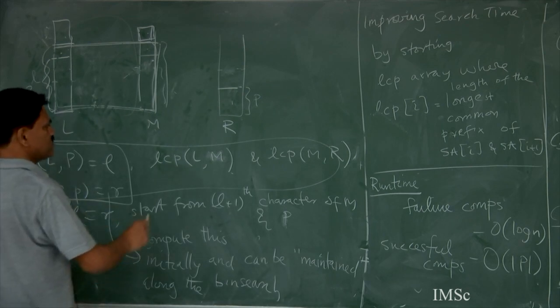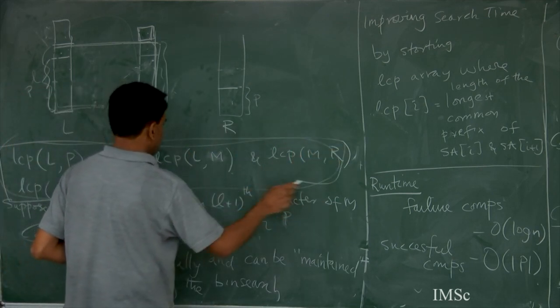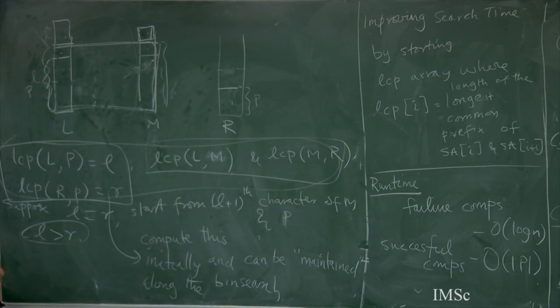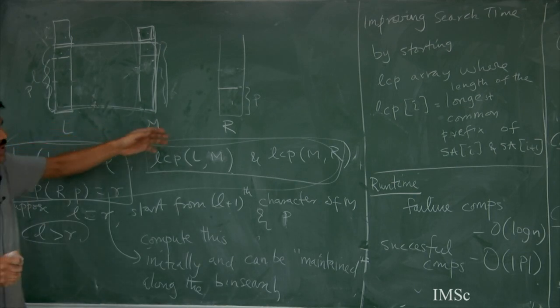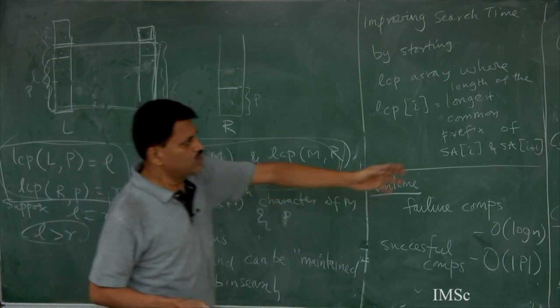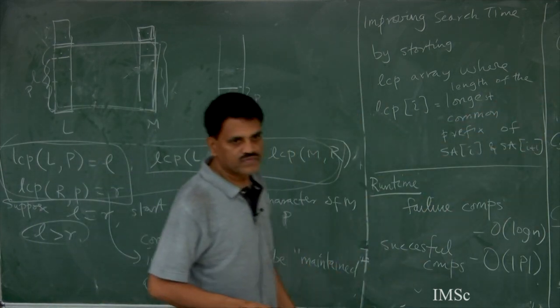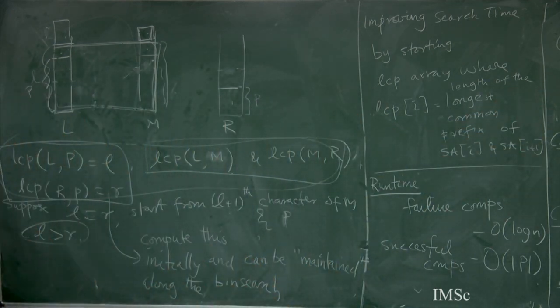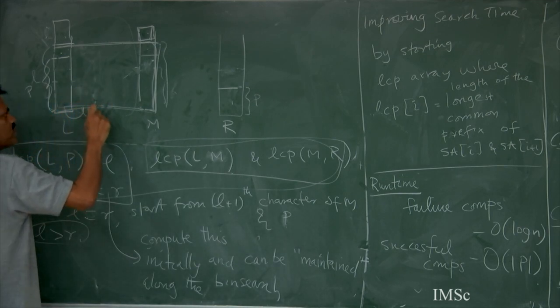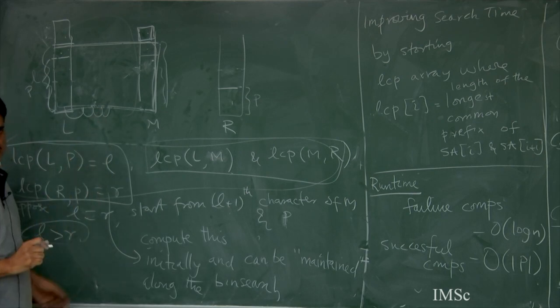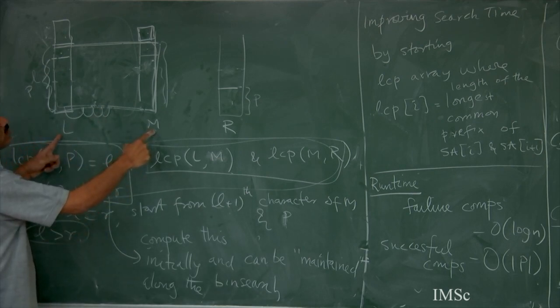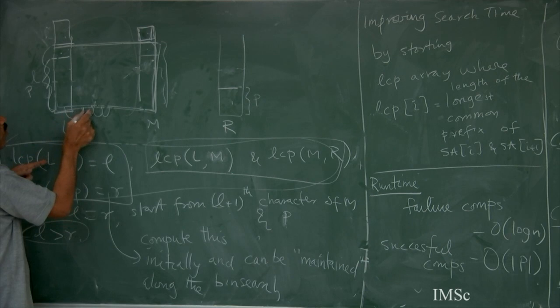The next question, which requires a bit of work, is that I want the longest common prefix between L and M and between M and R, because that's used to do all these computations. But what I have stored in my LCP array is just the longest common prefix between the adjacent suffixes. So how would I know the longest common prefix between L and M?